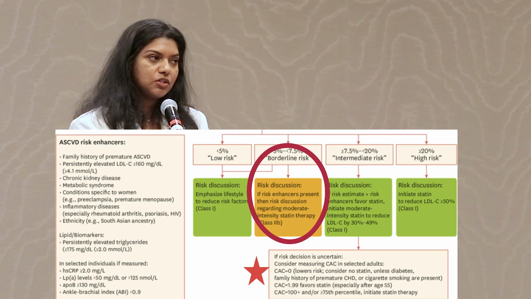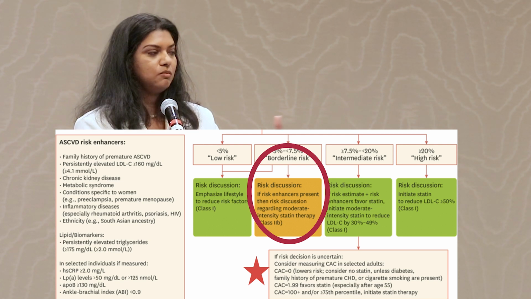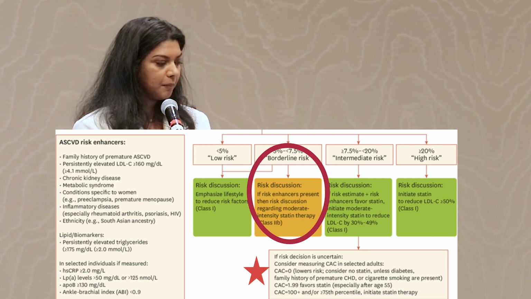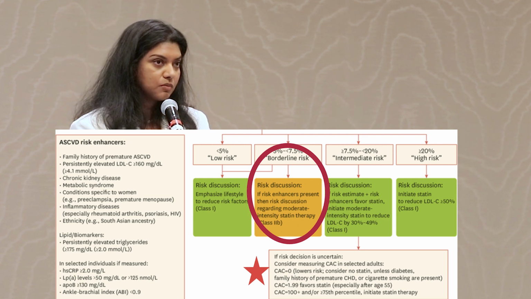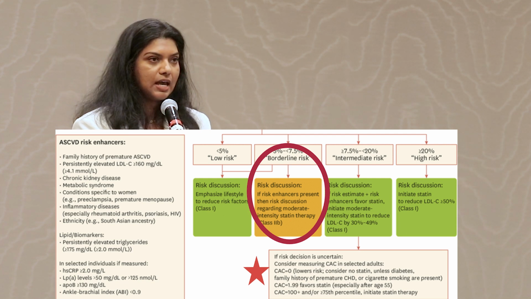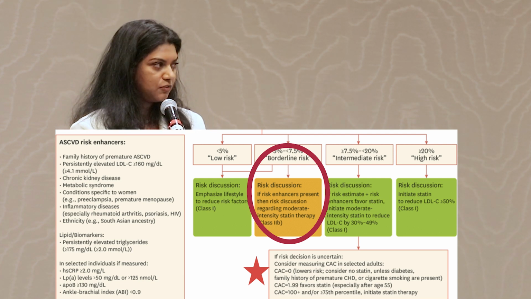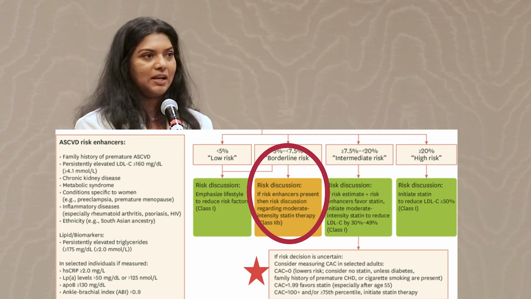Again, we've talked about how these risk enhancers can add to your low-risk or borderline patients and take them to the most appropriate care, and also about adding a calcium score to that assessment. It's hard to convince a patient, hey, your risk is 15%, you have to take new medications.